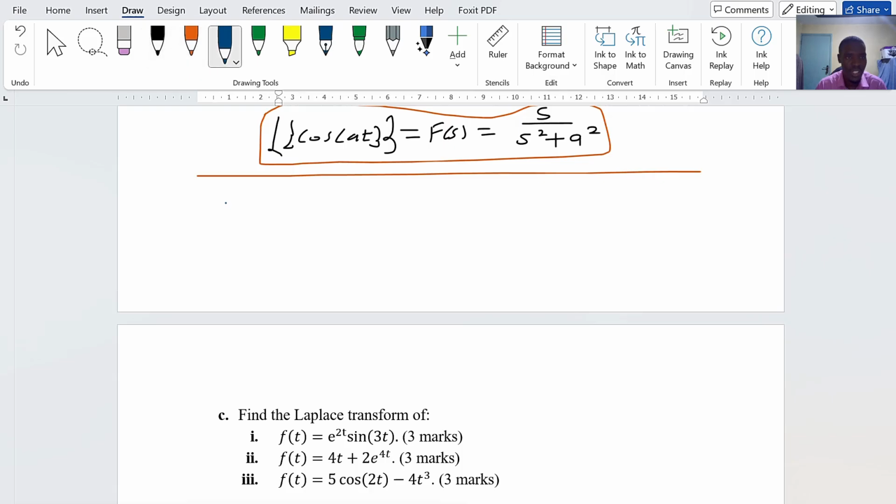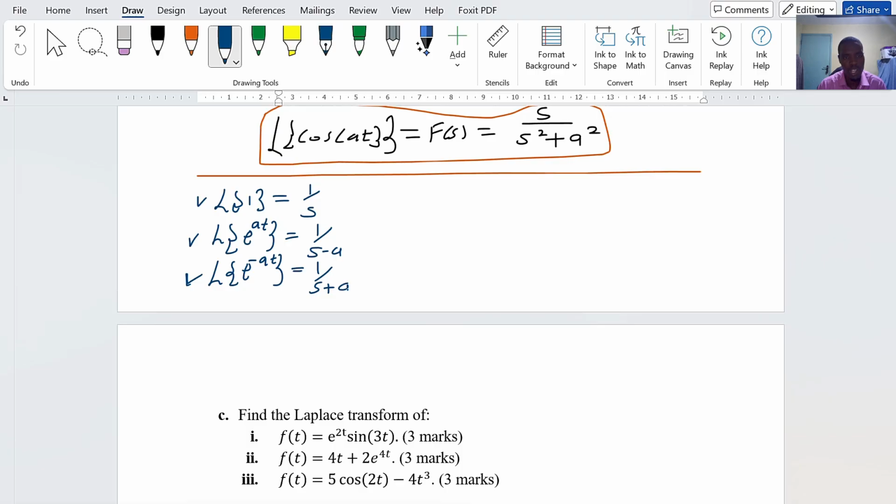Now, let's have our table, because it is good to have the table before we proceed. Our table reads: Laplace transform of 1 is 1 over s. Laplace transform of e^at is 1 over s minus a. Laplace transform of e^-at is 1 over s plus a.